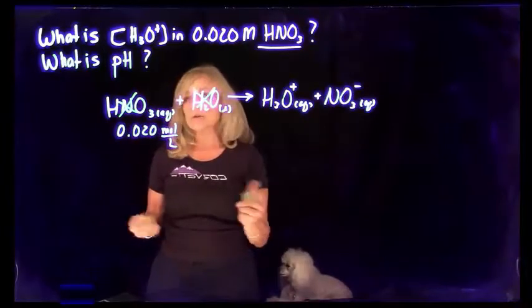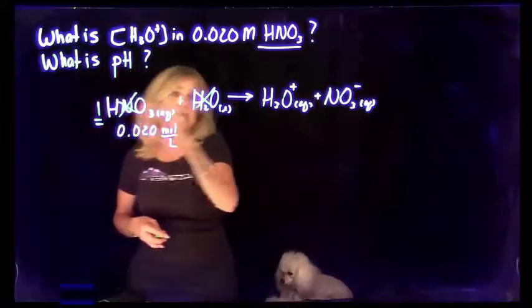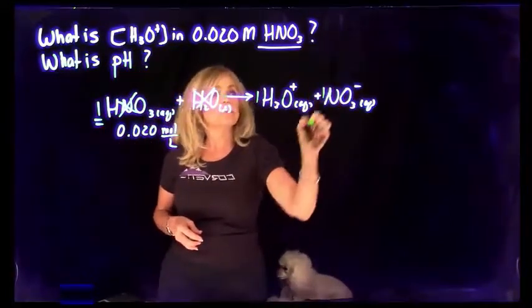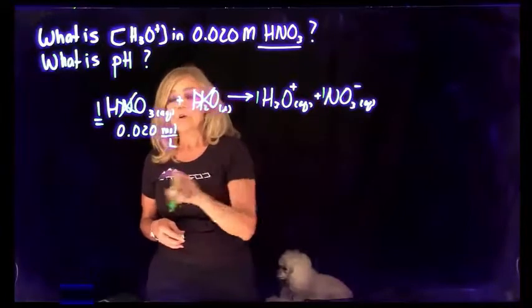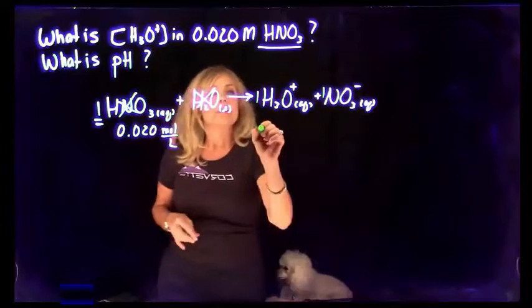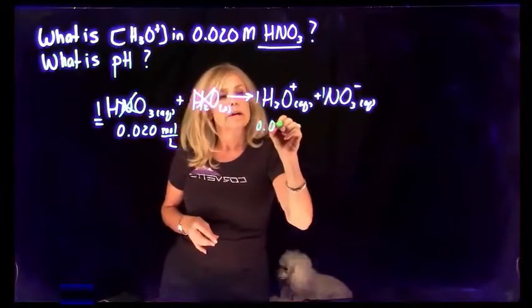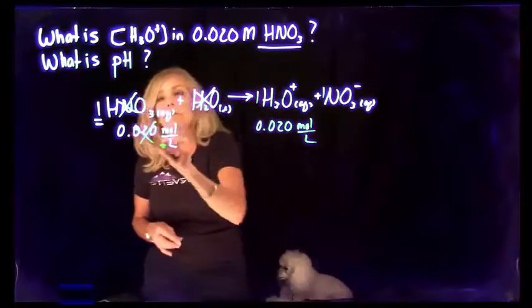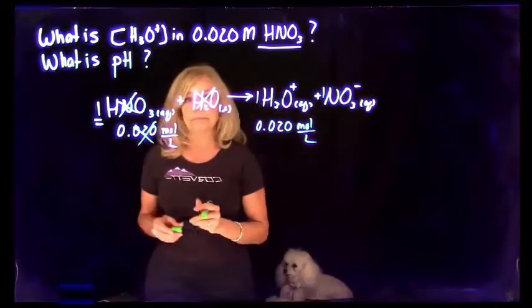The stoichiometry is for every 1 mole of this that donates hydrogen ions, we produce 1 mole of this and 1 mole of this. So if this started out 0.02 moles per liter, and I don't change the volume, this concentration is going to be 0.02 moles per liter once that fully breaks up.